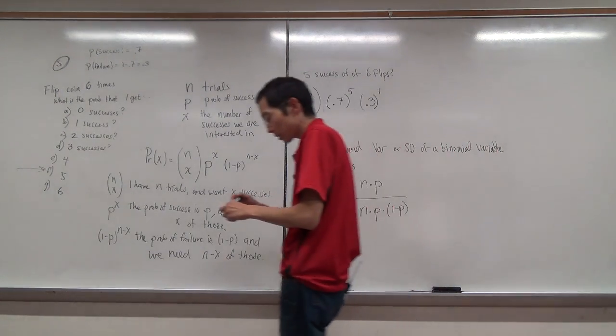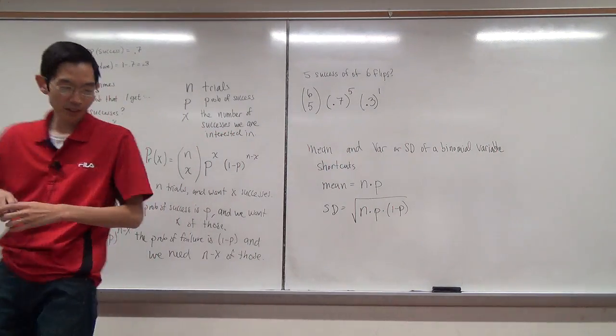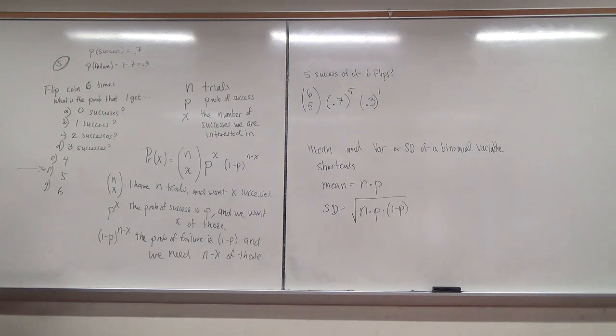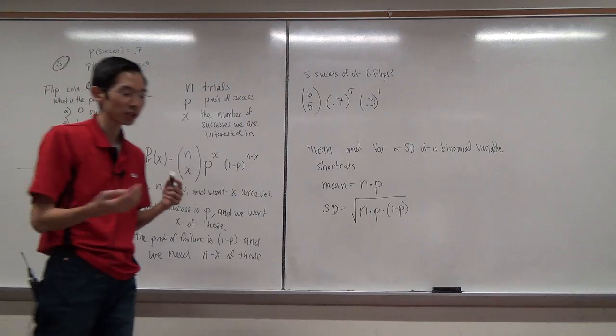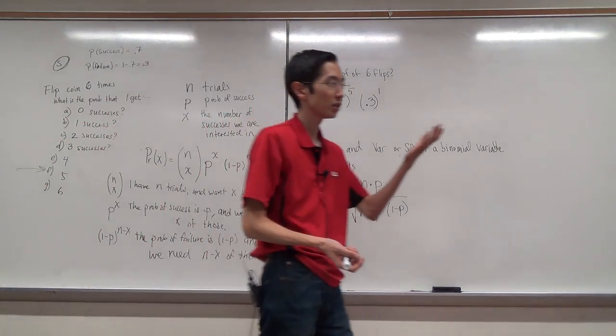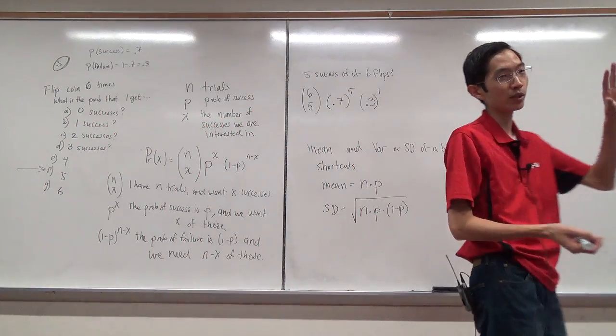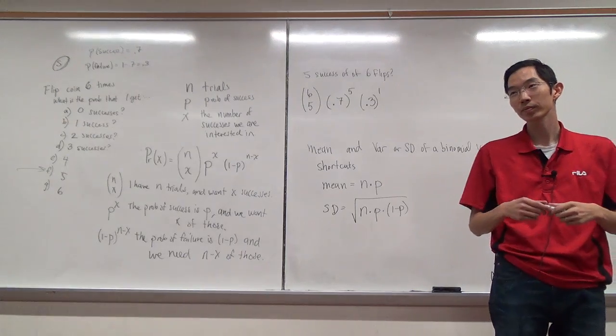So in these examples, I've done something. I just said we're flipping a coin labeled success and failure, where the two sides of the coin are success and failure. But the truth is the binomial can be applied to any situation where there's only 2 possible outcomes for each trial.